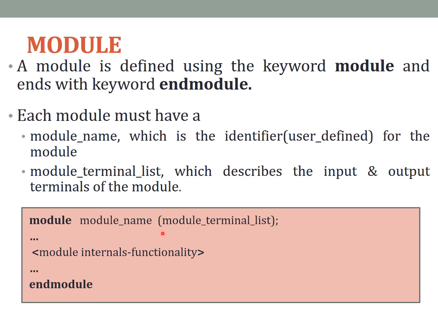After the module is declared, we have the various declarations and statements, represented here as the module internals. Let us not get into understanding the module internals here. Every module which has begun must end with the keyword endmodule.